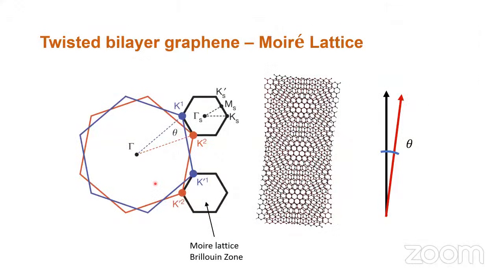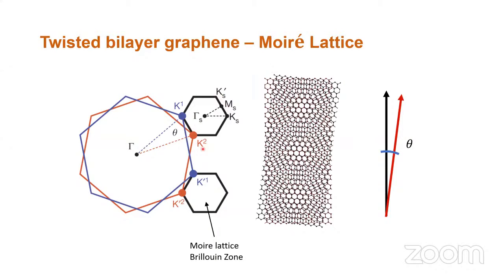Right, so the twisted bilayer graphene itself is not a stranger anymore. When you have 2 layers of graphene on top of each other with a slight angle between them, you get what you call a Moire lattice. Usually the Moire lattice is much larger than the real lattice of graphene itself.